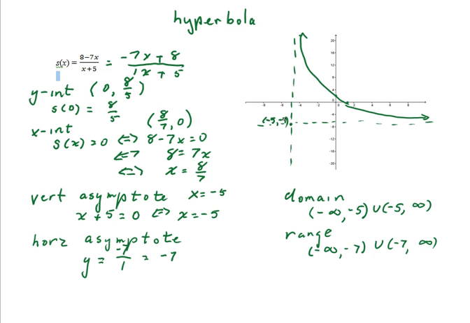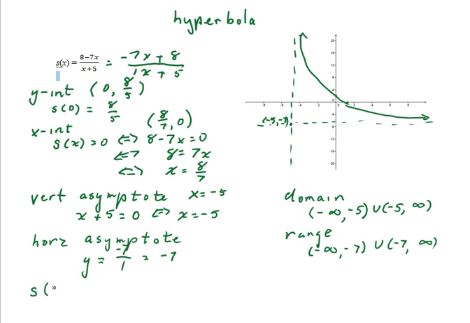So if I go 6 units to the left of the vertical asymptote, I should get something pretty close to the same distance from the horizontal asymptote that we found the intercept at.